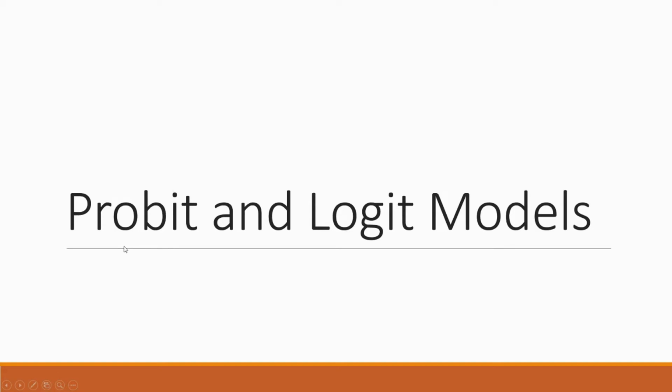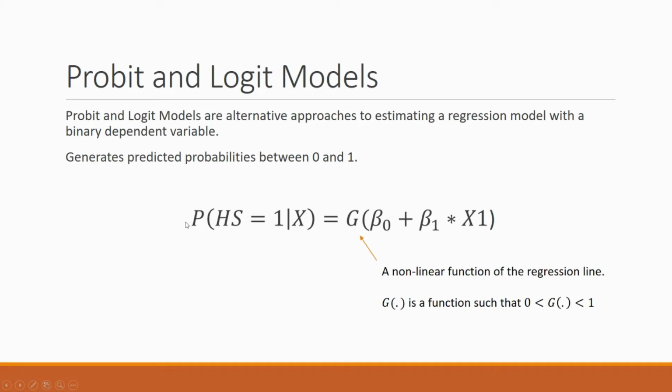So if we want to study the effect of some independent variables on a binary dependent variable, two models we can use are the Probit and the Logit. I will now show you what these models are, and then we'll talk about their advantages and disadvantages. Probit and Logit models are alternative approaches to estimating a regression with a binary dependent variable.